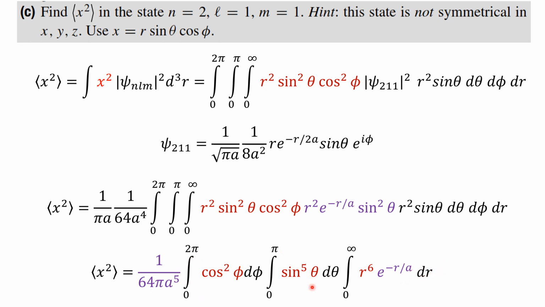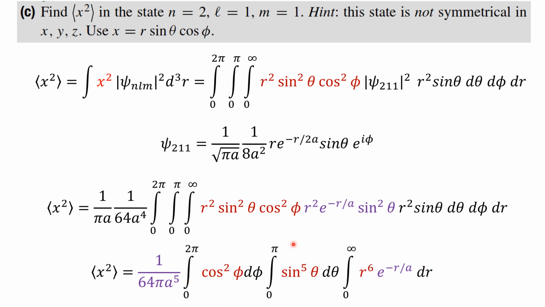So we have separated the variables, and also you can simplify this constant. Here you have a, and a power 4 becomes a power 5. This pi you have, and 64. All this constant will become 64 pi a power 5. So now we have separated the variables.